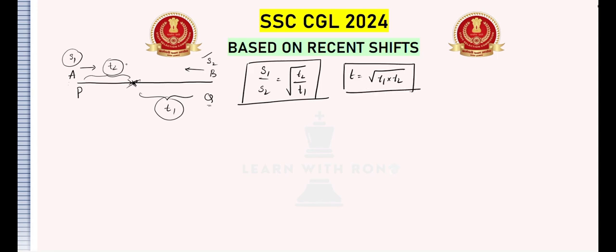If they ask the distance between the two stations, P and Q distance, simply distance equals sum of the speeds S1 plus S2 multiplied with the time they cross each other, T. Okay, try to remember these formulas.